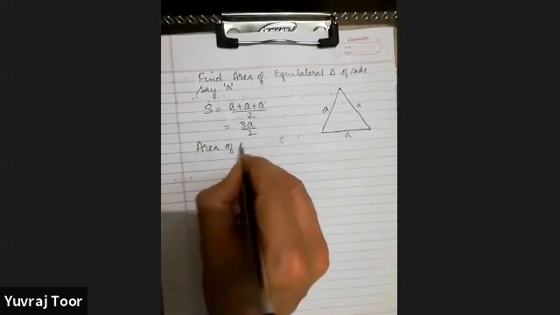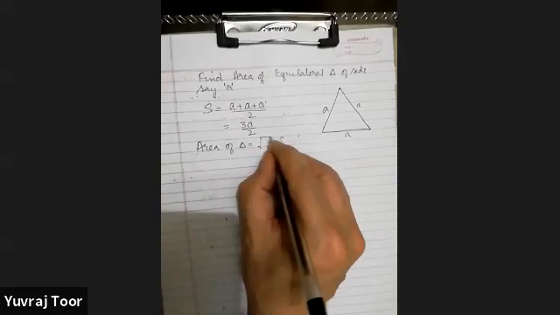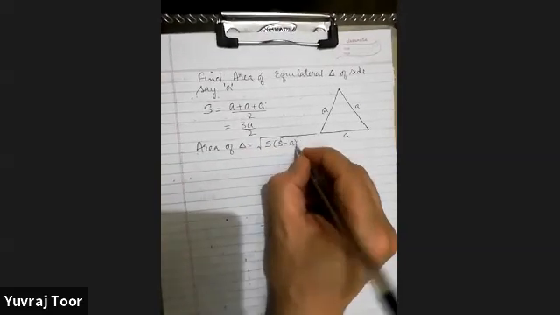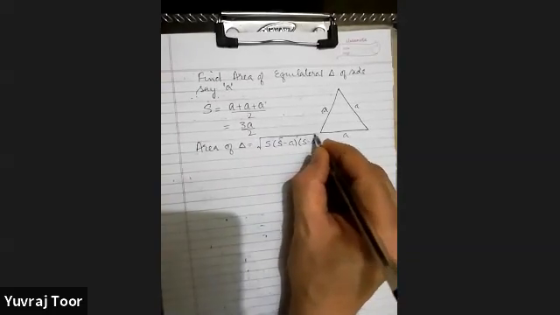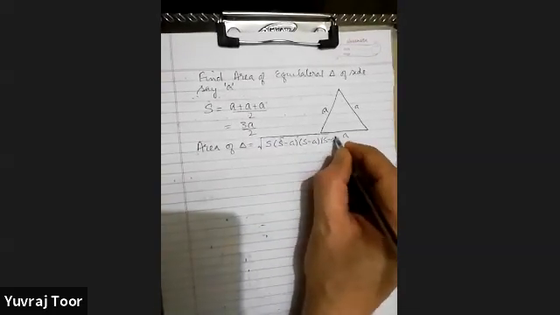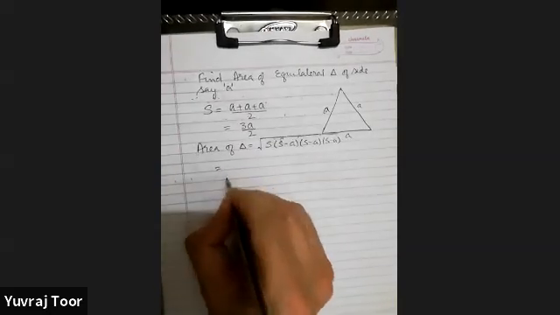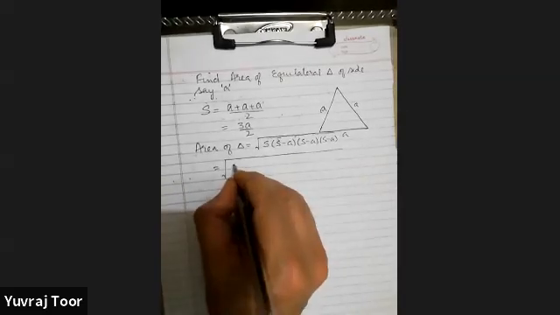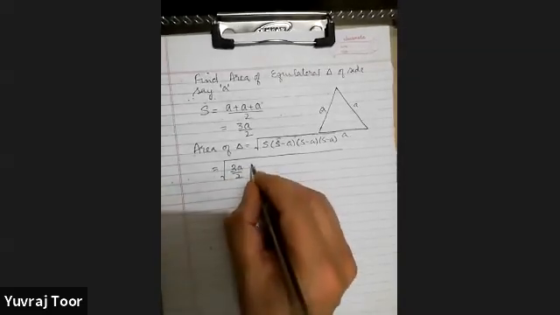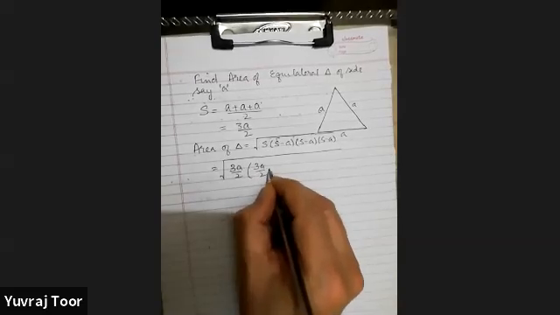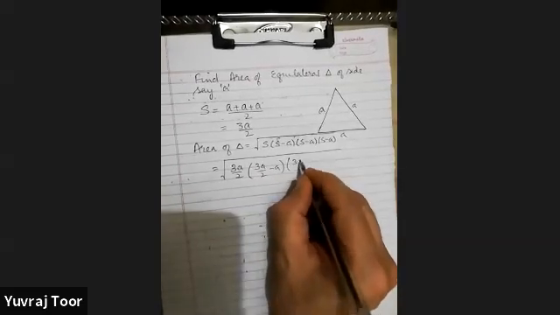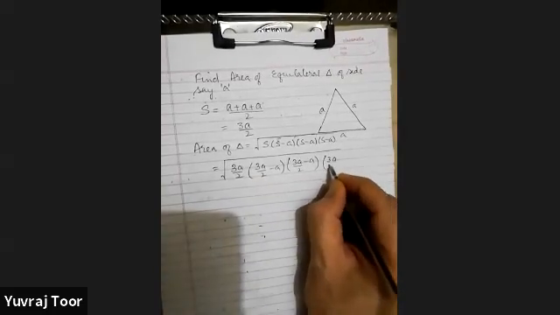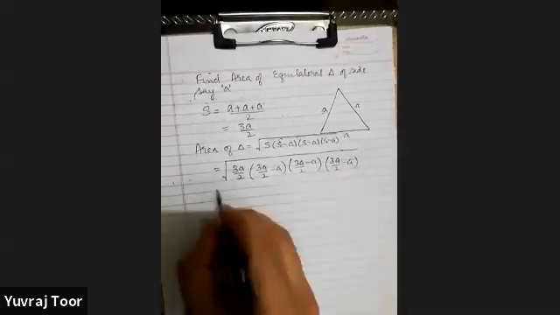Area of triangle is root of S into S minus A, S minus A, S minus A. So what is S? It is 3A by 2. So 3A by 2 minus A, 3A by 2 minus A, 3A by 2 minus A.